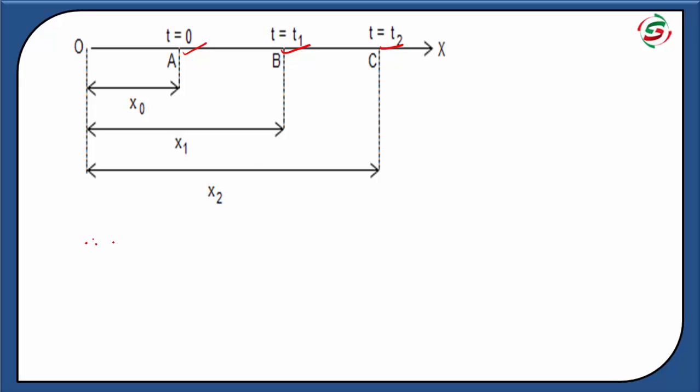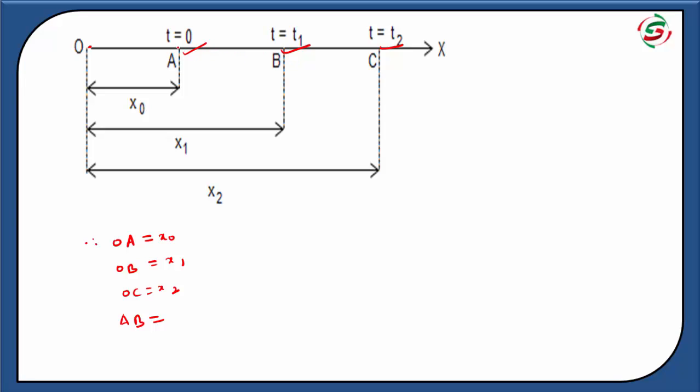From this diagram, O to A is equal to x0, O to B is equal to x1 and O to C is equal to x2. Then A to B.